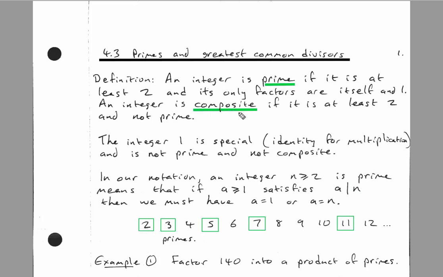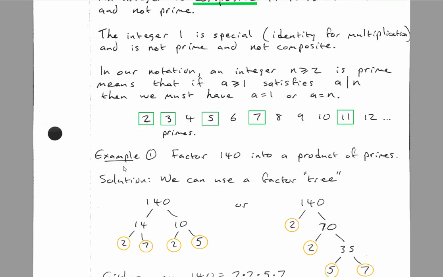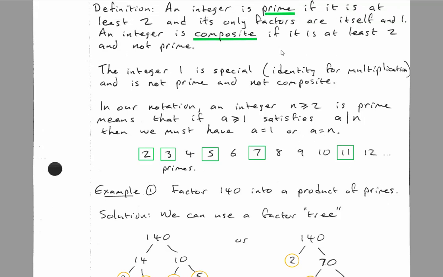Okay, so primes and composites, probably quite familiar to you. Example 1, factor 140 into a product of primes. That's kind of the main importance of primes, they're the building blocks for all numbers.